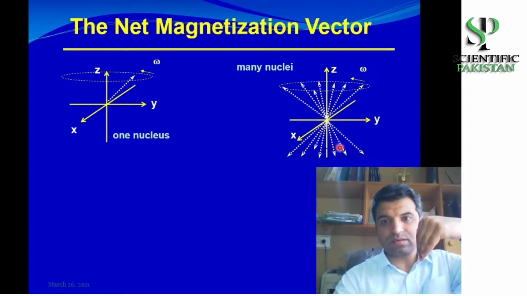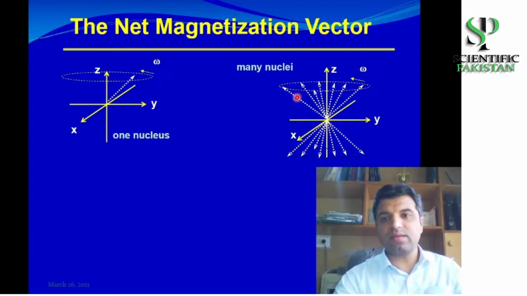That is the beta state. All right. These nuclei down here are in the beta state, and these nuclei are in the alpha state. And you already know that there is a slight excess of nuclei in the alpha state, which means that the number of these nuclei is slightly greater than the number of these nuclei.